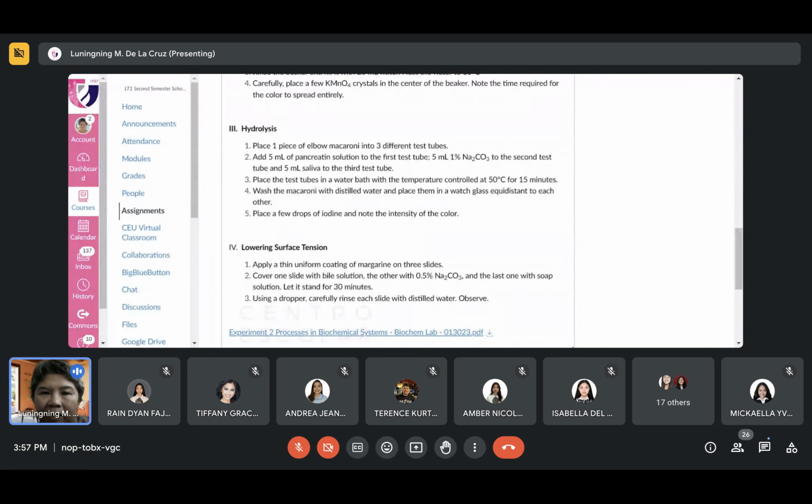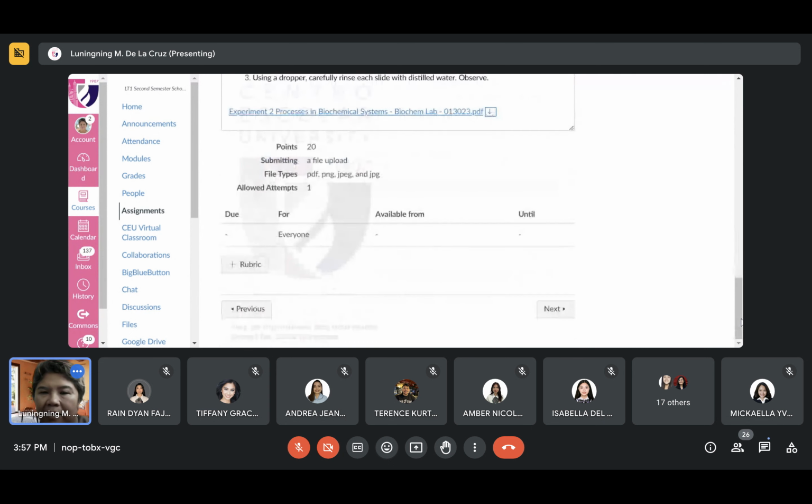Three elbow macaroni. Okay? And a little of star margarine, which you need to apply on a slide. So, i-download ko na yan para i-send ko sa inyo. So, this will be our experiment for next meeting. It's a very easy experiment class.